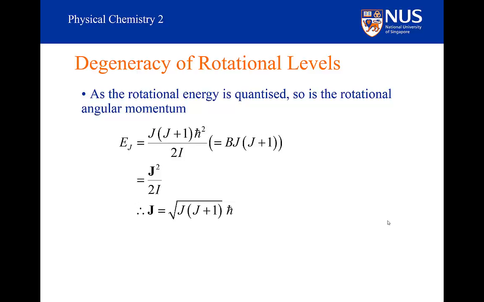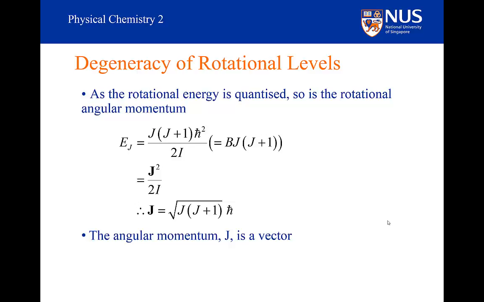We can relate our rotational energy, E sub J, to my angular momentum, which I've given as bold J, because it is a vector. And I can write down my rotational energy simply as the angular momentum squared divided by 2I. This is analogous to linear kinetic energy being equal to the linear momentum squared divided by 2m.